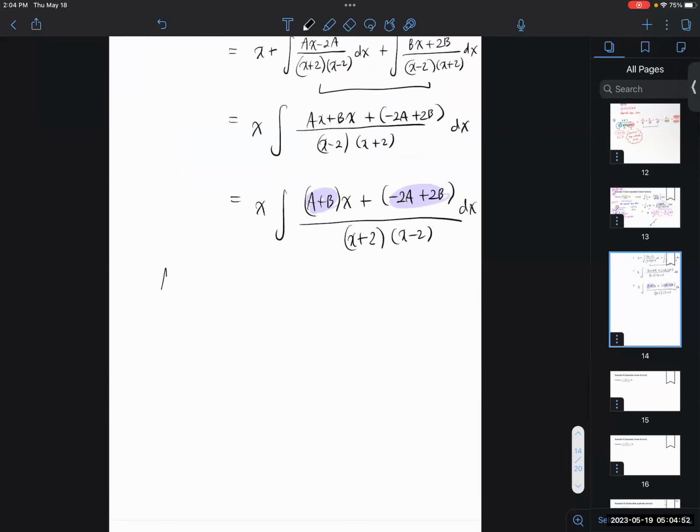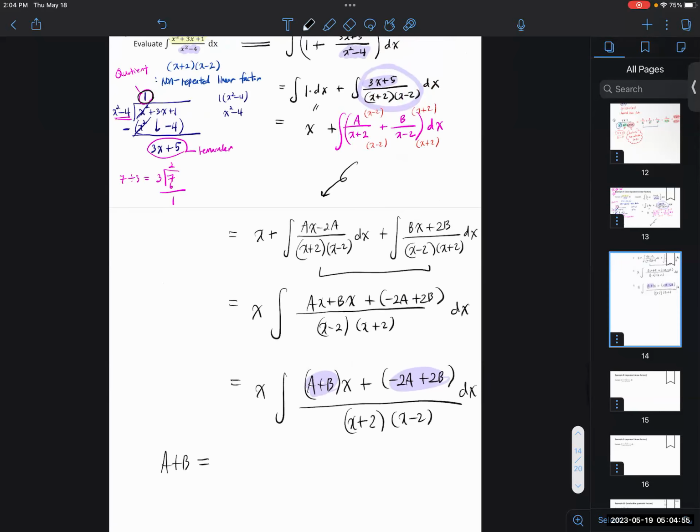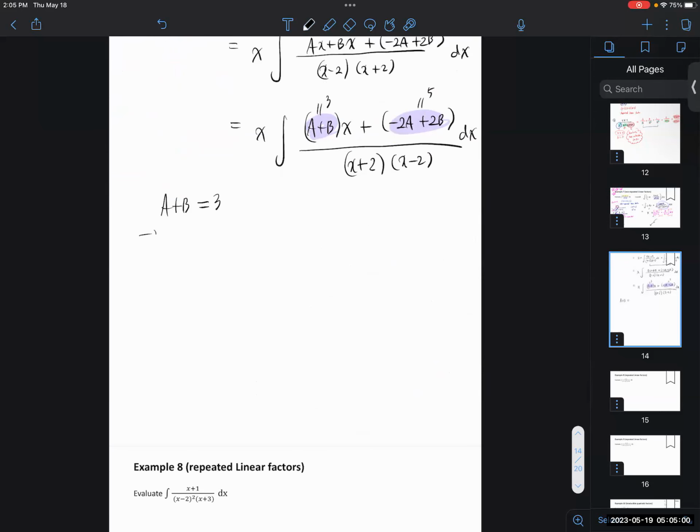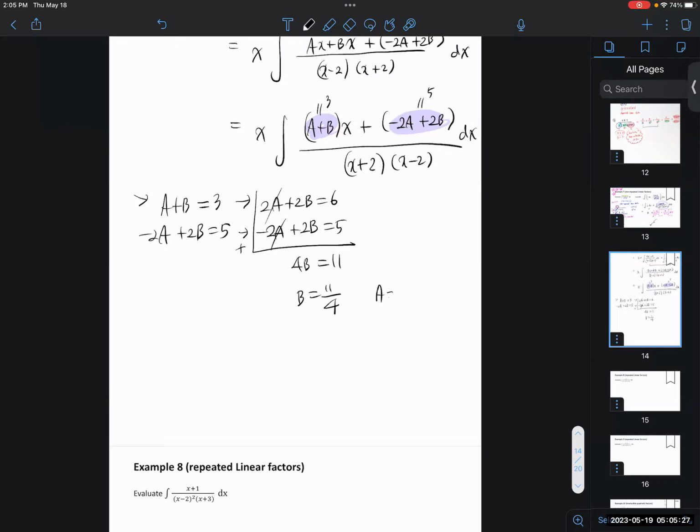So from there, a plus b equals 3, and negative 2a plus 2b equals 5. You can find a and b, right? If I multiply the first by 2, we get 2a plus 2b, and then negative 2a plus 2b equals 5, adding them, the a terms cancel. 4b will be 11. So b is going to be 11 over 4. And then if you plug in, a will be 1 over 4.